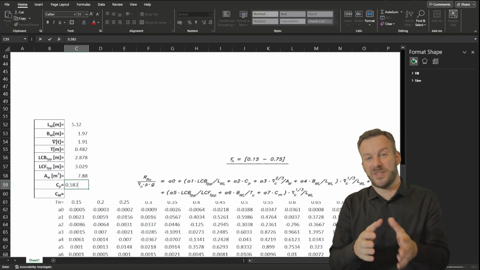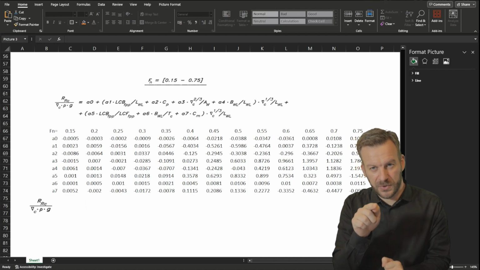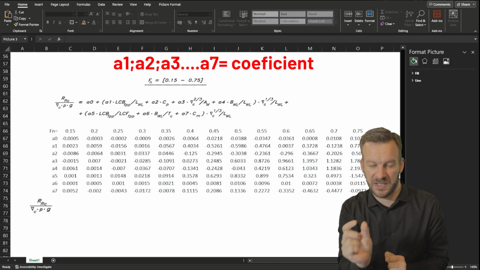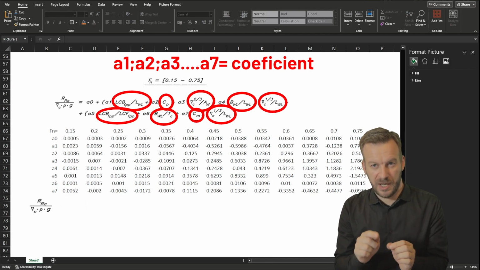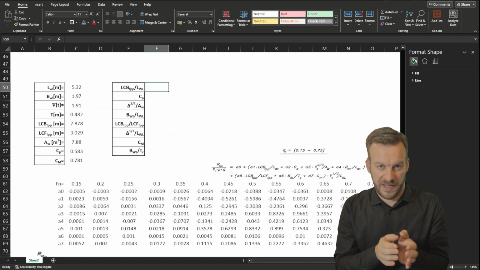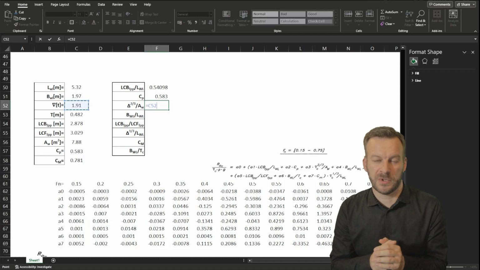Now when we have values input in the formula, you can see that in front of every piece of the formula there is a coefficient and something next to it. All these inputs, I'm going to group them and create a separate line that is going to calculate them. Now when we have that, we can actually determine is our boat suitable for the series or not.